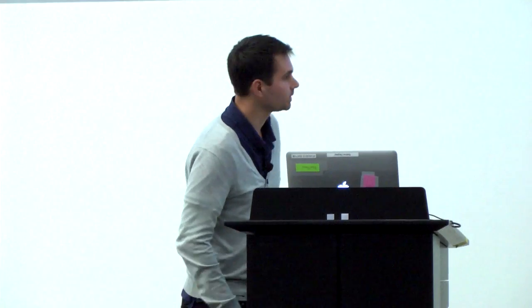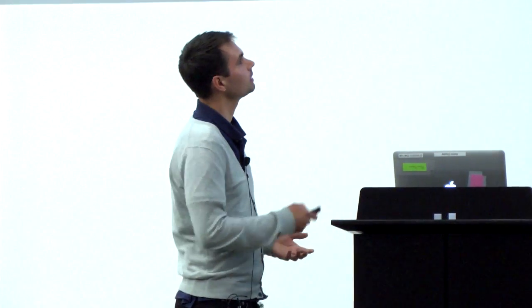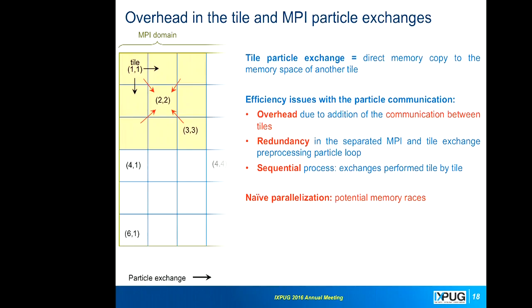And the problem is that we cannot apply a naive parallelization because if we let OpenMP manage everything by itself with any scheduler, potentially when particles arrive in the same tiles from the tiles around, for instance, they will try to access the same memory location, so we will have memory races.